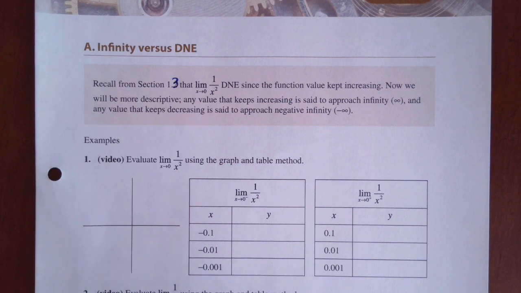So to be more descriptive in our answers, we're now going to allow an answer of infinity or negative infinity. That's what this section is about, just to make sure you understand the difference.